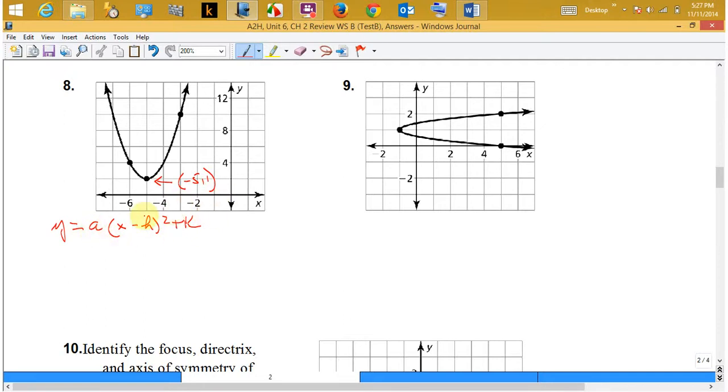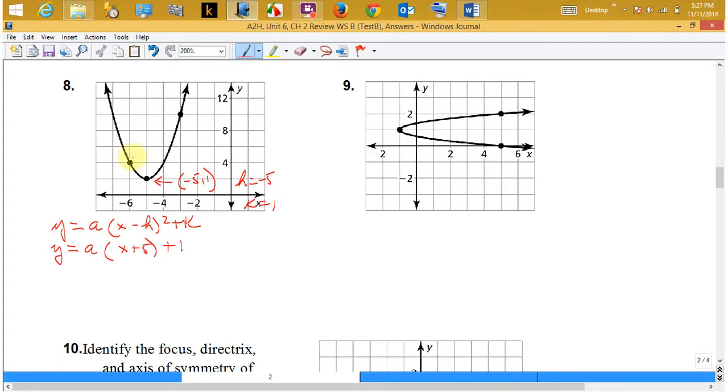And I'm going to plug in the vertex for h, k. So h is -5, k is 1. So y is equal to a, x minus -5, and k is 1.